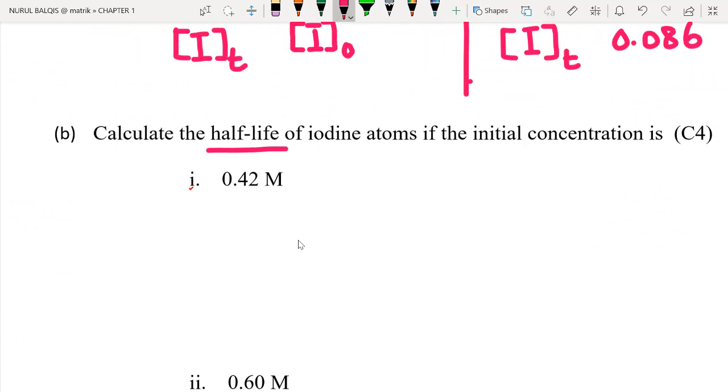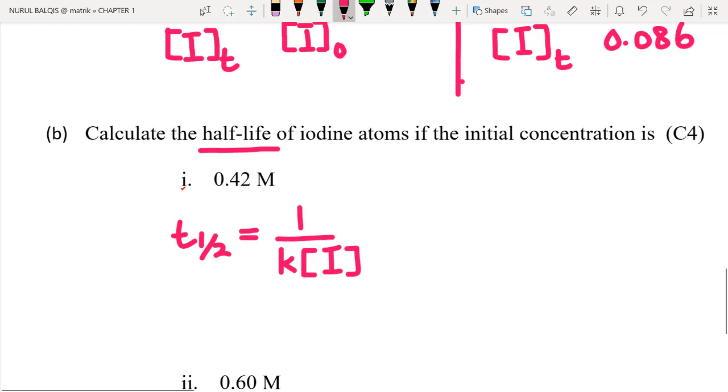So for second order reactions, our half-life formula is going to be half-life is equal to 1 over k times the concentration of iodine.